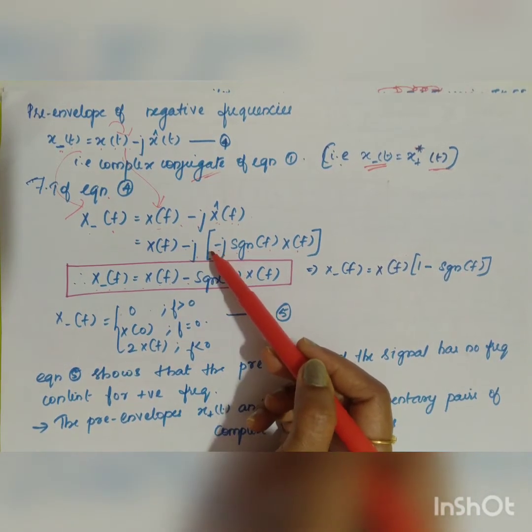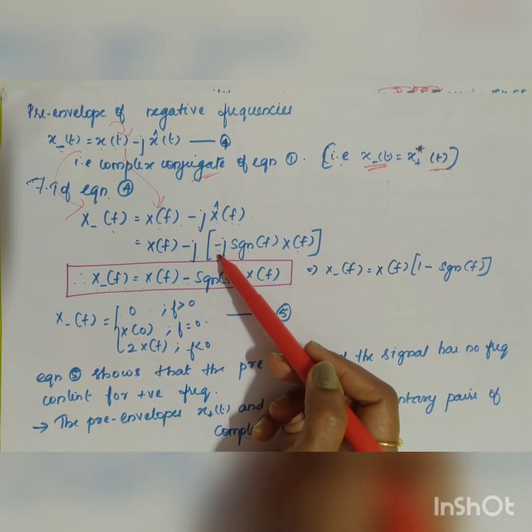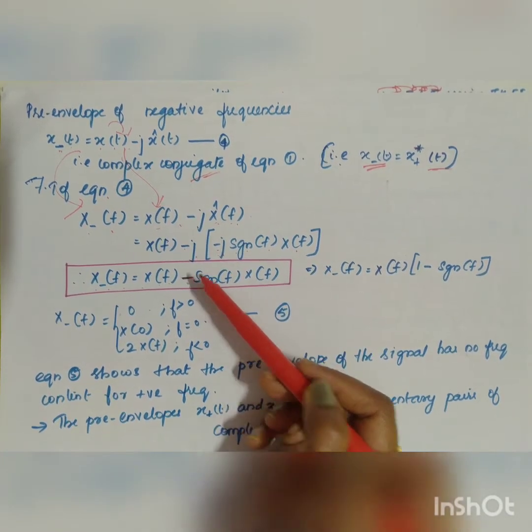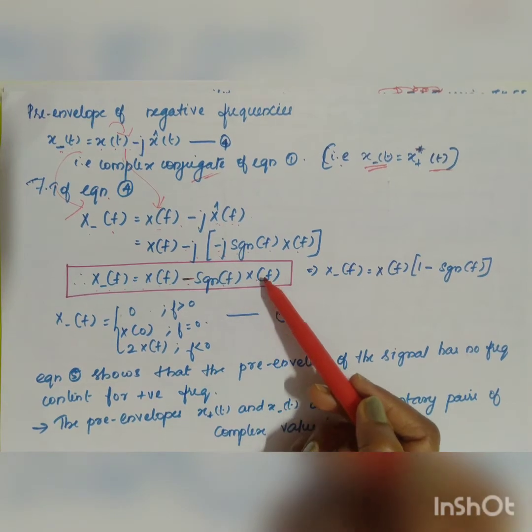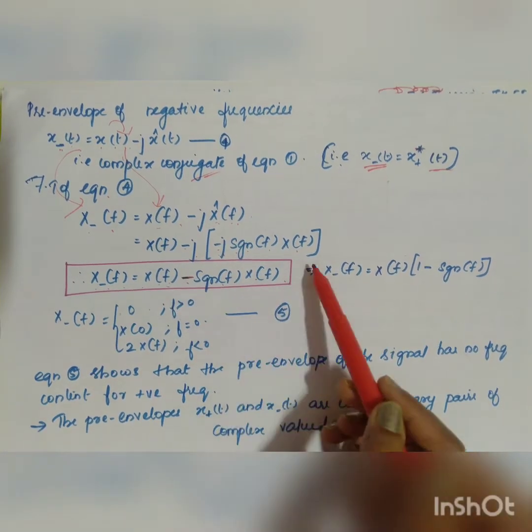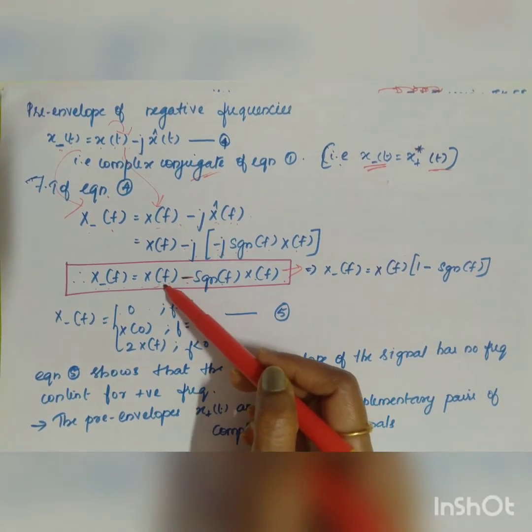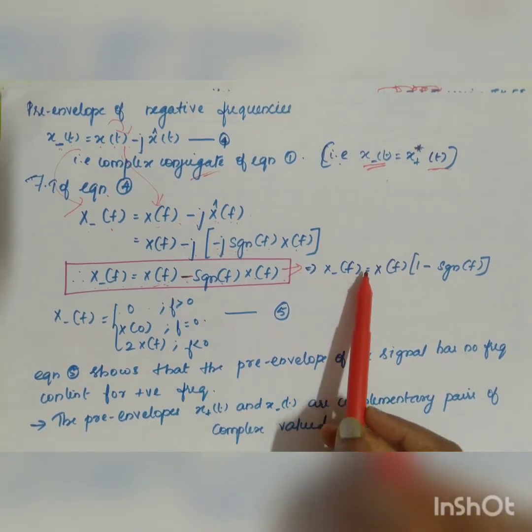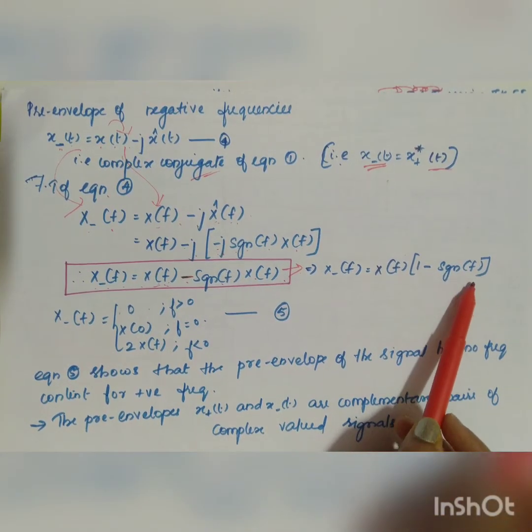Here it is plus j squared, and j squared is equal to minus 1. That is why you get minus sgn(f) into X(f). You can take X(f) as common, so you get X(f) into (1 minus sgn(f)).